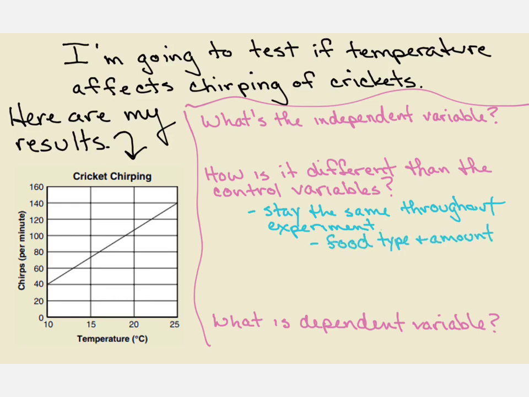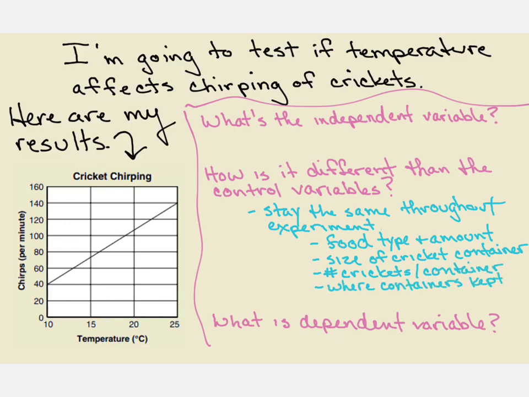So the food, the type, the amount, where I'm keeping my crickets, all of that kind of stuff. The size of the container, the number of crickets in the container. All right. All that stuff. Those are controls.